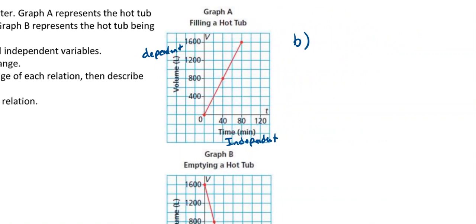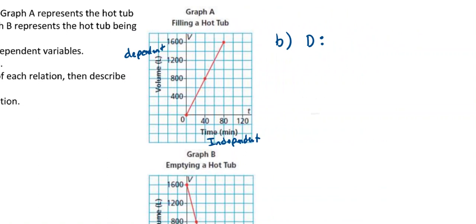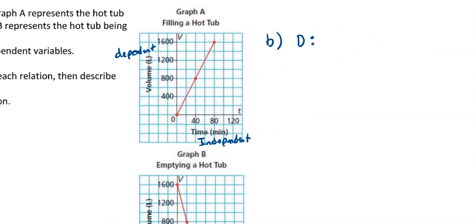So what would the domain of this guy be? So the domain, D. Are we going to use X or what are we going to use here? Yeah, we'll use T. T is going to be greater than or equal to something? What's it going to be greater than or equal to? 0, right? It starts at time 0. And it's going to be less than or equal to 80.